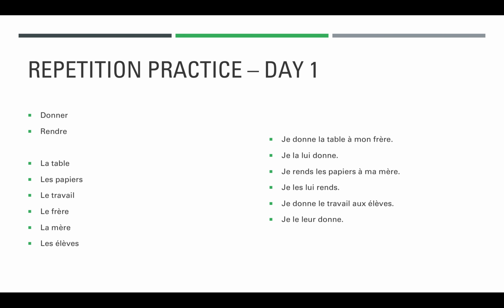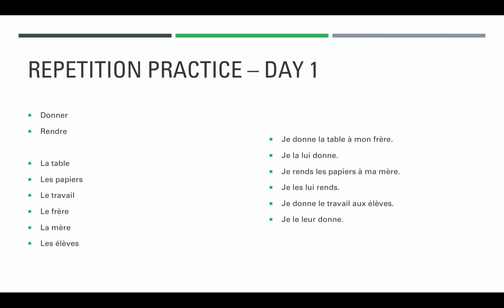So I want to give you some repetition practice because this is the only way you're going to master these, is repetition. The first thing that I recommend is taking two simple verbs, not any more than that. Donner and rendre are wonderful verbs to practice this with because they can take your direct and indirect object pronouns. So you can really practice the double pronouns.